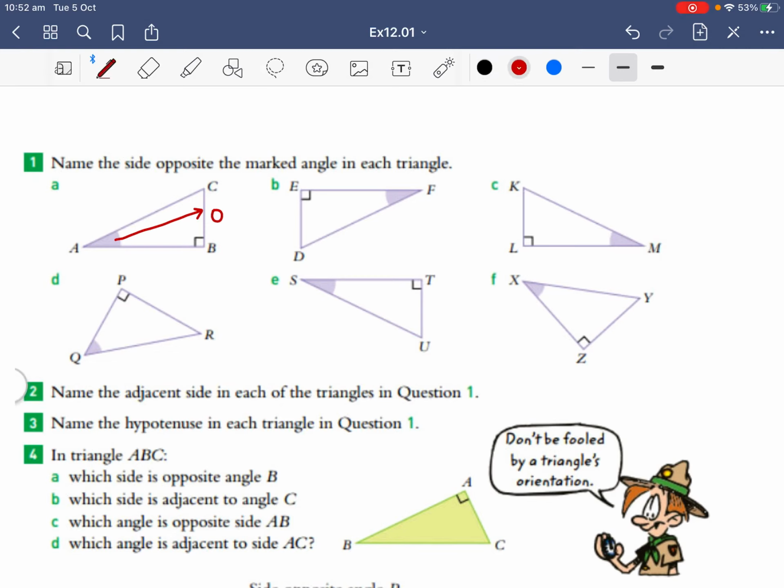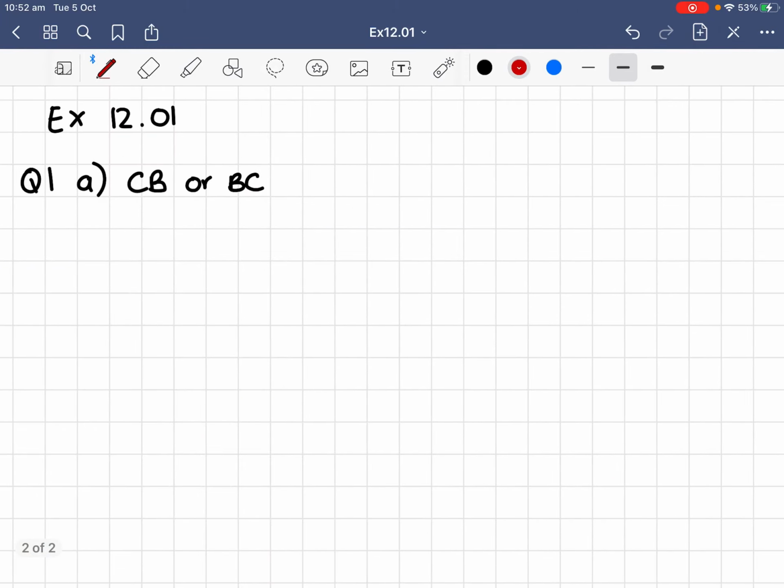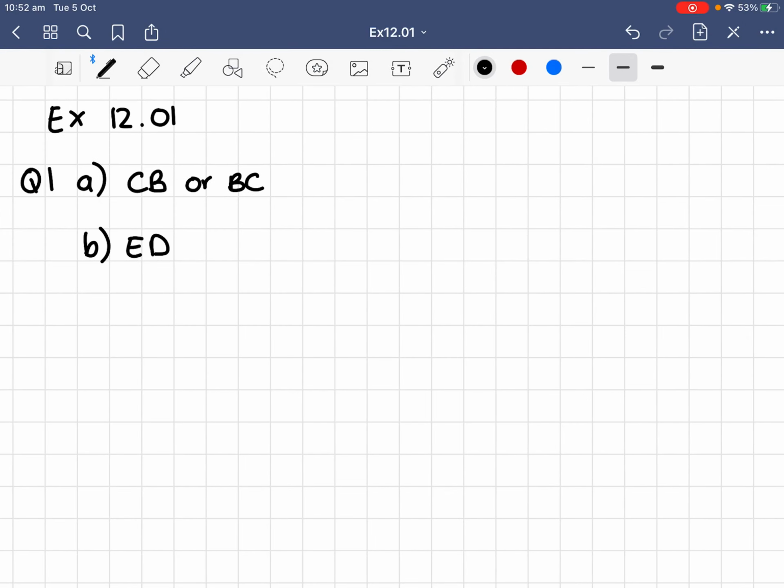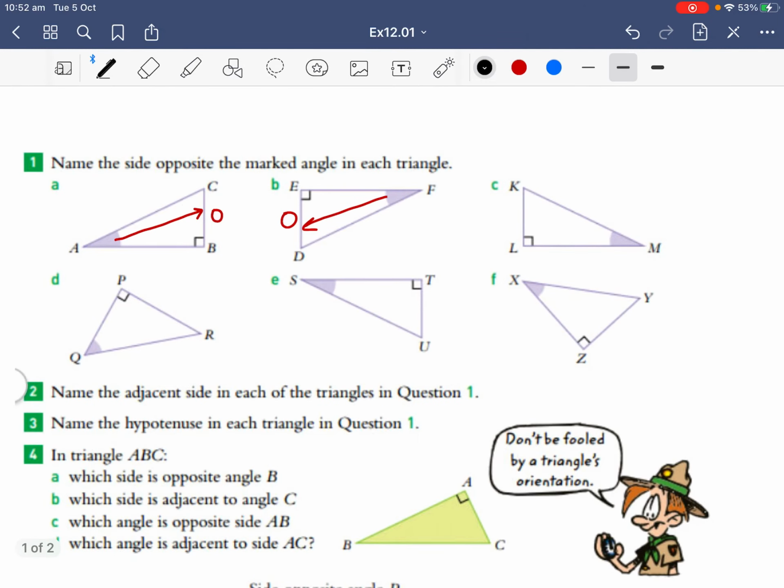So for B, we go to our angle that is marked, we draw an arrow directly across from it, and that is our opposite side. So for 1B, our side will be the side ED, or DE, is the side opposite. For question 1, you can have a go at doing C to F yourself.